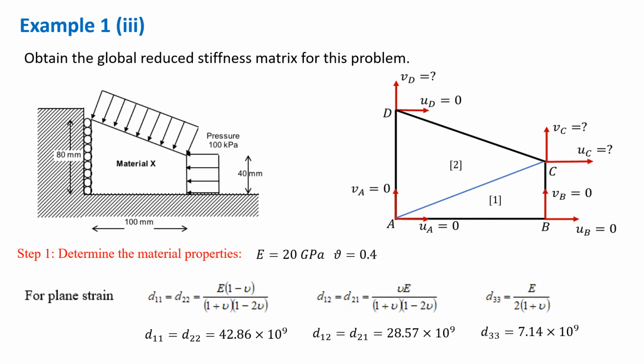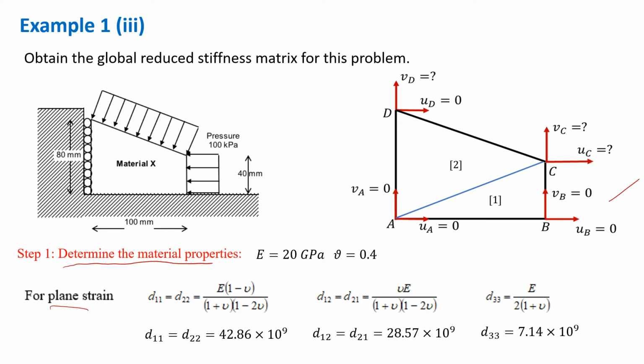We consider the previous example. This time, we are required to obtain the global reduced stiffness matrix for this problem. From the previous example, we have decided the shape of triangular elements. We have decided the type of problem, which is plane strain. Next, the first step in order to determine the reduced stiffness matrix is to determine the material properties.